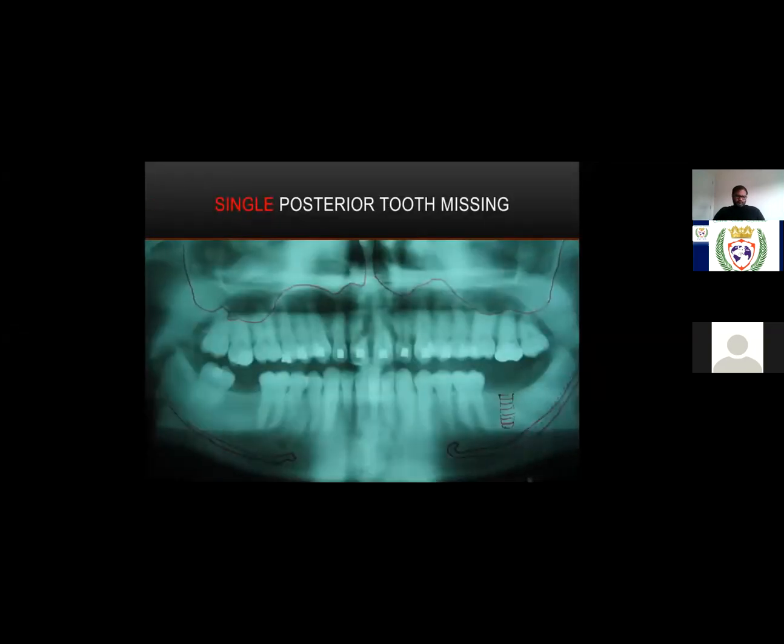Now let's come to this topic, when we have a situation of a missing posterior tooth. In one study, especially in India, it was reported that at least 20% of the Indian population have at least one missing tooth. And we know that the first molar is the first permanent tooth to erupt in the oral cavity, at the age of around 6 years.